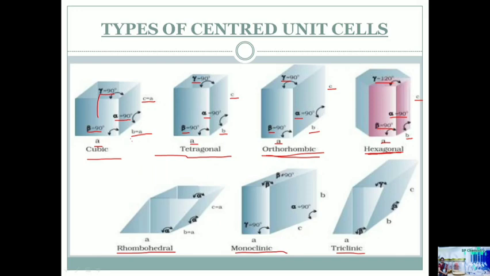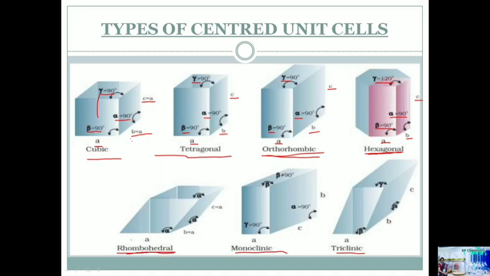And a very famous example of the hexagonal crystal system is graphite. And only primitive variation is possible here, only primitive units.